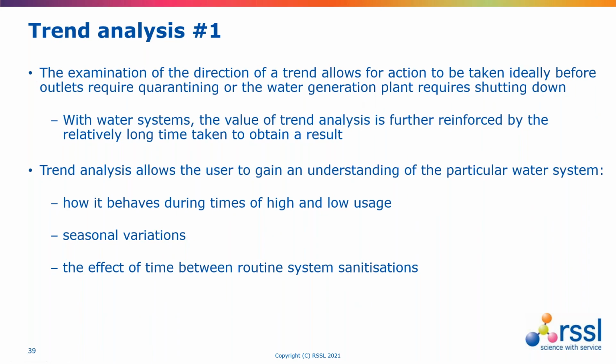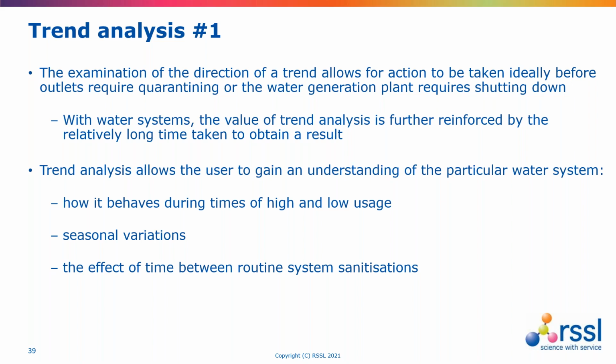It's also really important that the results from water systems are trended. Anyone who's heard me speak before will know, there's no point carrying out microbiological testing if you're not going to look at and trend the data. This is particularly so for water systems, where there's day by day, week by week, month by month variation.